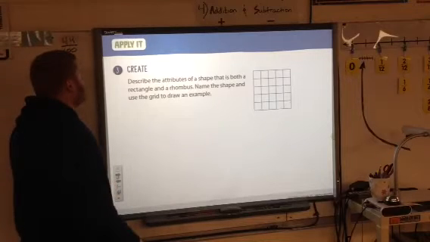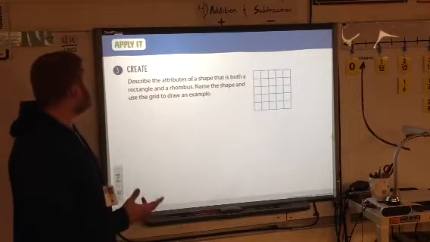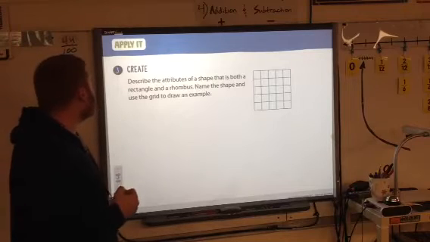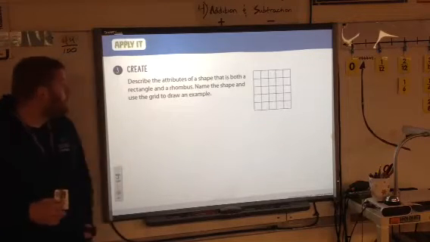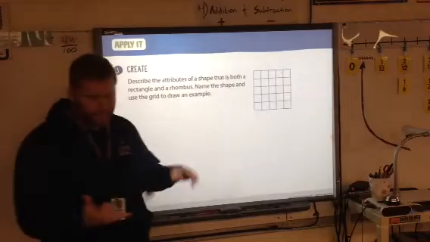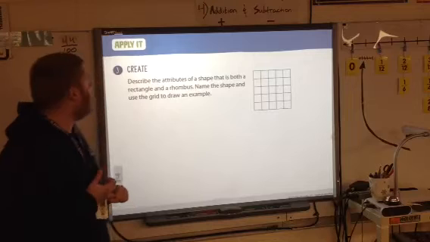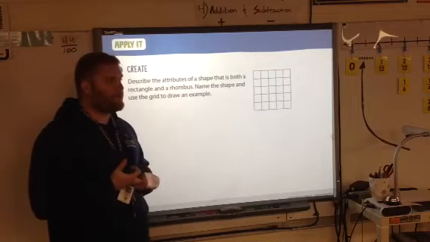Okay, it says create. Describe the attributes of a shape that is both a rectangle and a rhombus. Name the shape and use the grid to draw an example. So, a rectangle I know has to have 4 sides, 2 sets of parallel sides, and 4 right angles.